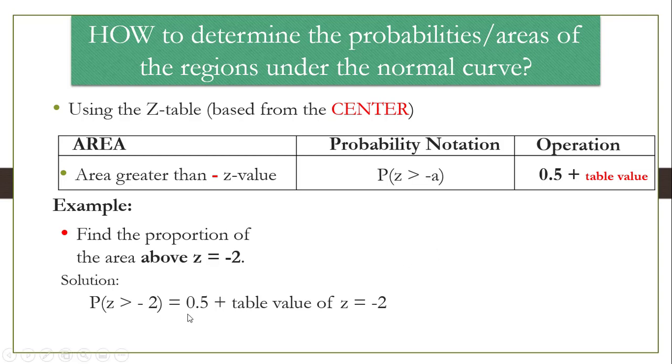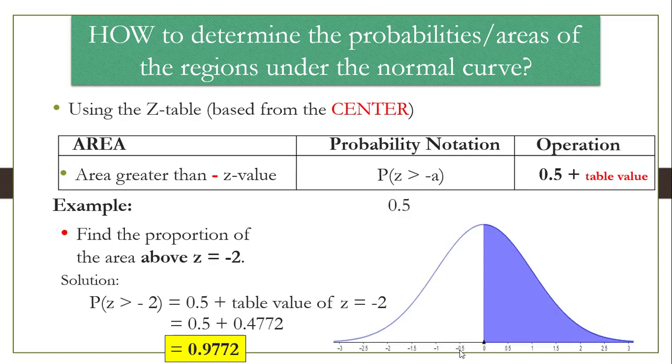As we look at the corresponding value of z equal to negative 2 in our z table, we will get 0.4772. So, we add 0.5 and 0.4772. So, we will have 0.9772. Okay? As an illustration, this would look like this, 0.5.